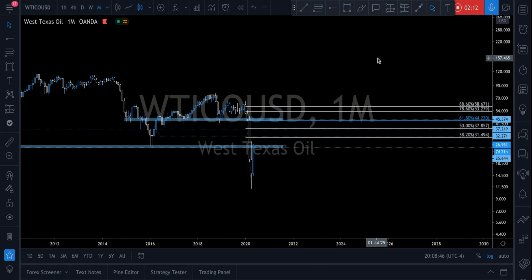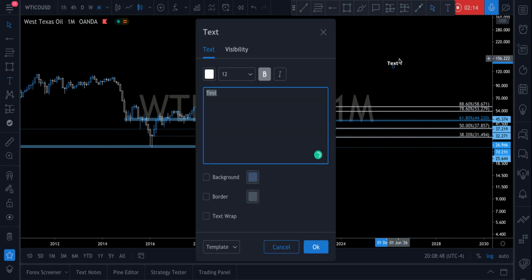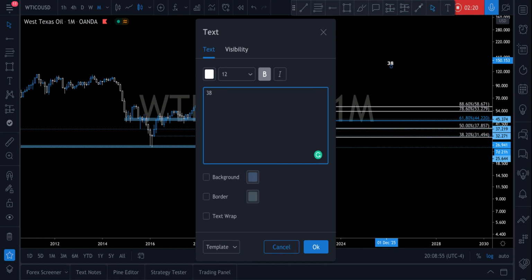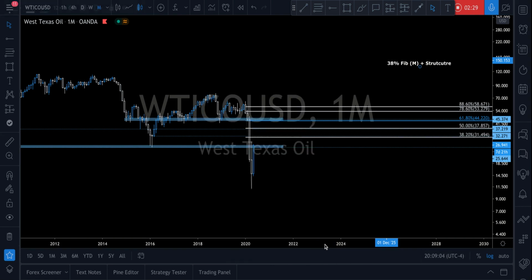So based on this, immediately we can start seeing that there's some convergence with the 38% fib on the monthly, and we got structure as well.